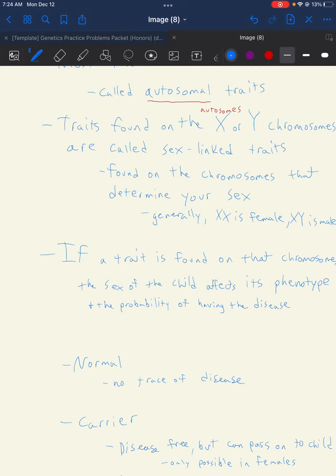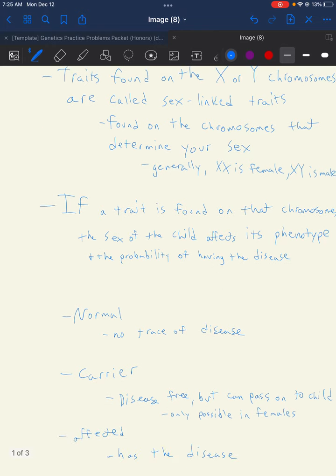So it's really only possible in females because you need two X's to cover it up. But unfortunately, sometimes all the chromosomes you get have the allele for the disease. And those people are affected. They have the disease.